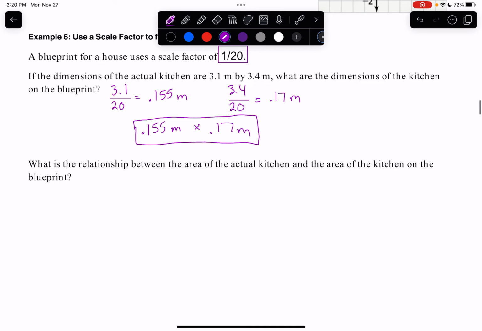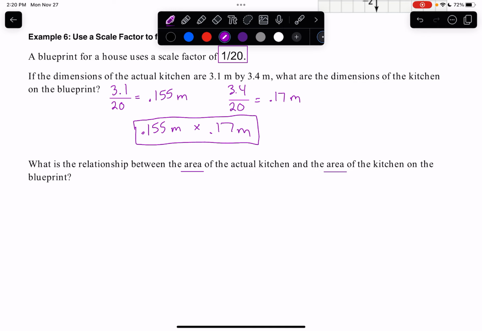This next question is really important. This is asking us not about the dimension of the kitchen, but the area of the kitchen. This is a relationship that we're going to learn about dilations that's going to be important for you to remember and important to be able to use in problems.